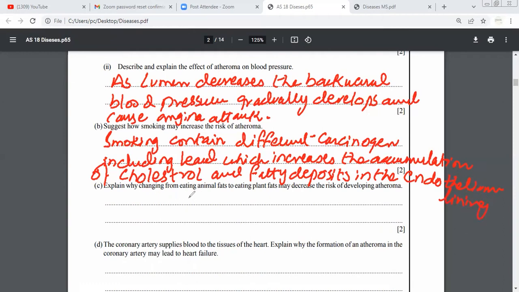Explain why changing from eating animal fats to eating plant fats decreases the risk of developing atheroma.